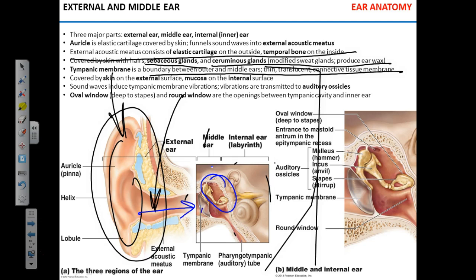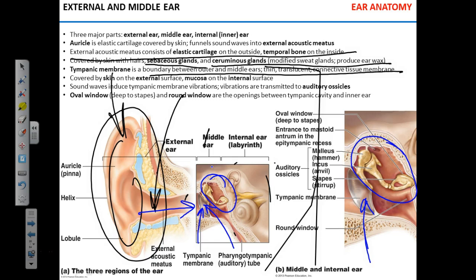On the outside, the tympanic membrane is covered by skin, and on the inside by a mucosal layer. When vibrating air starts to vibrate the tympanic membrane, the vibrations are transmitted to the bones of the middle ear called auditory ossicles.